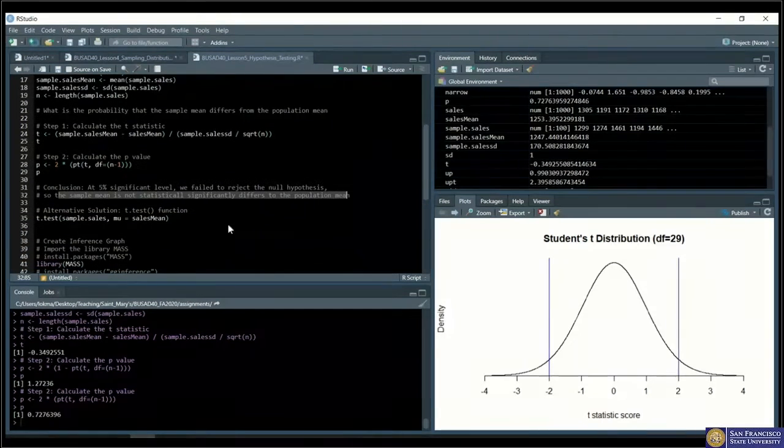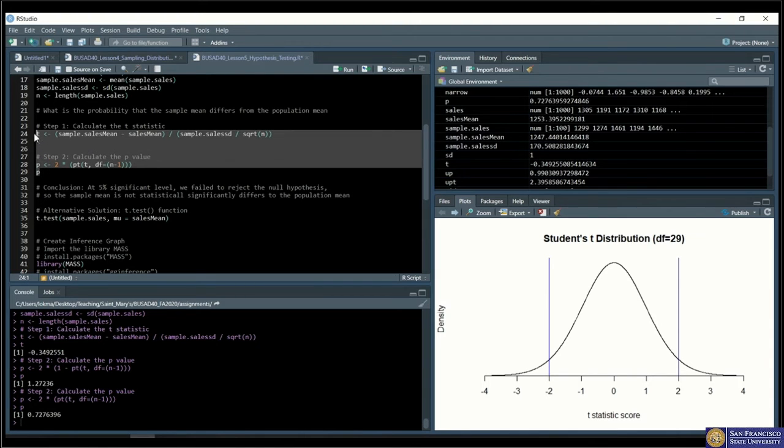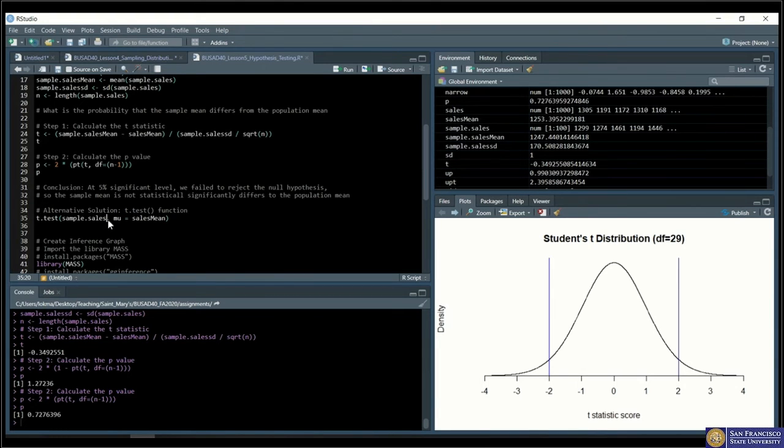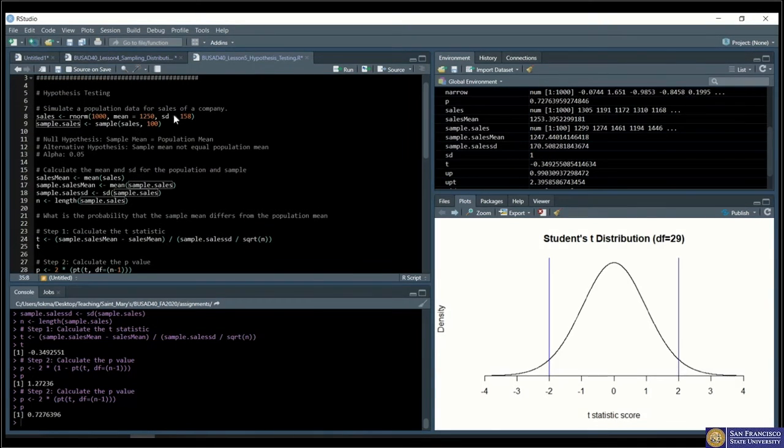Well, another way to do this hypothesis testing is to use what we call the t-test function. The t-test function gives you the capability to do all these calculations by hand in just one line of code. All you need to put into this t-test function is to specify the sample, which is the 100 random samples we drew from the sales data.